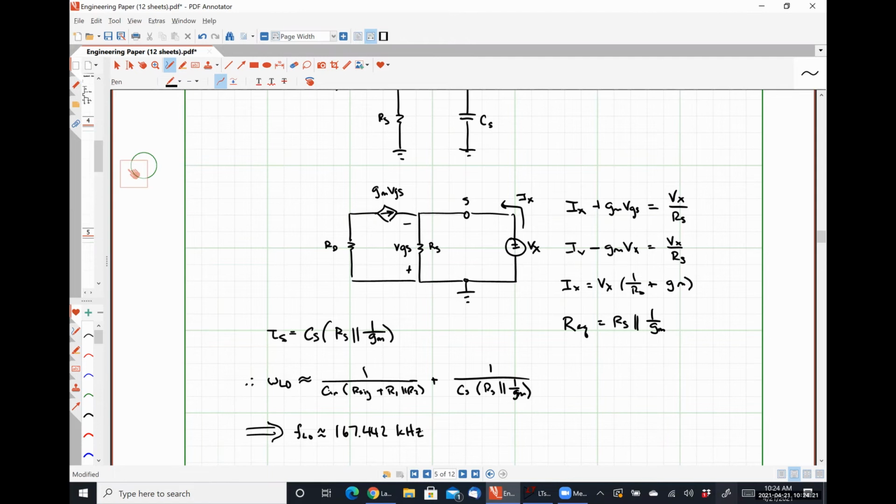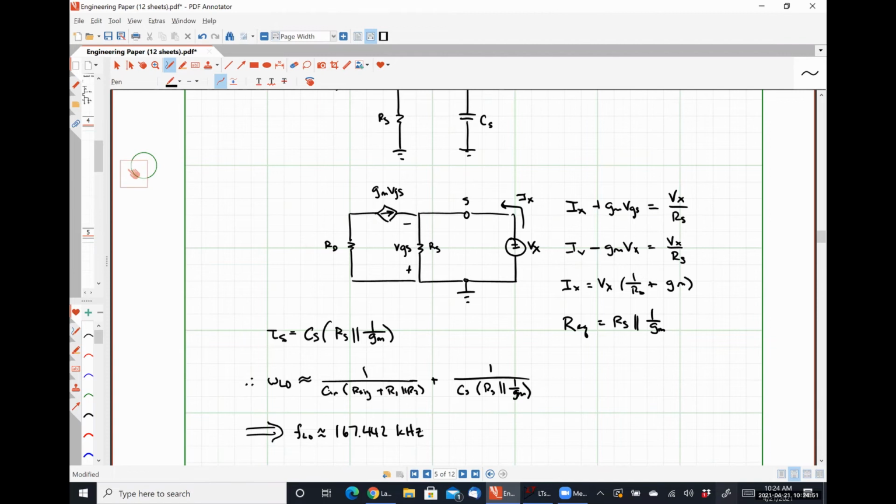All it is doing is giving us an estimation of where the midband begins, which may be all you need as a designer, because generally speaking, if you want an amplifier to work a certain way, you really don't care how it's going to work in low frequencies or how it's going to work outside of your frequency range of interest. So this is giving you one constraint on your frequency range of interest and how to design towards that.